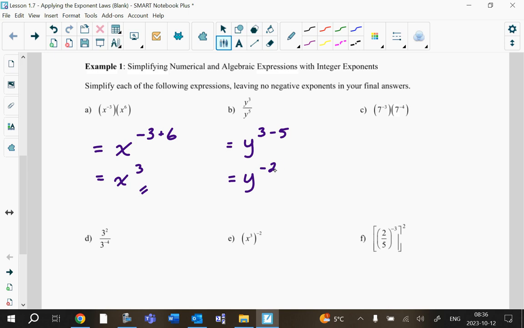Take the base and flip it. So what's the flip or the reciprocal of y? No, you haven't flipped it yet. 1 over y. So it's 1 over y to the positive 2. Or 1 squared is 1, so we could have just done this too. Either one of those is correct.